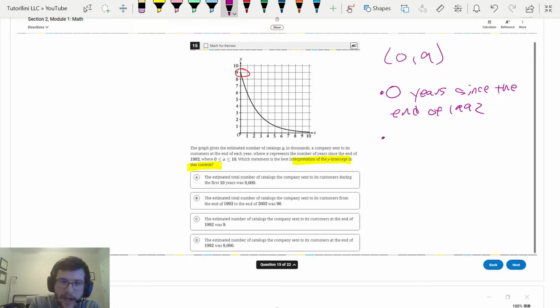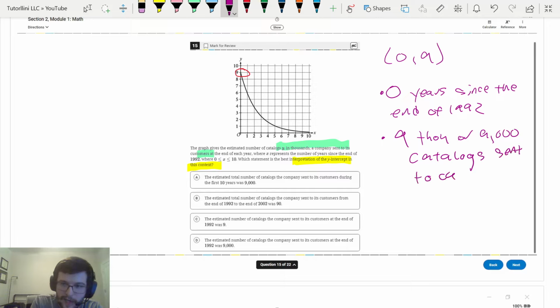And then 9,000, or like in words, because you see how it says Y in thousands, a company sent to its customers. So 9,000 catalogs sent to customers. Okay.